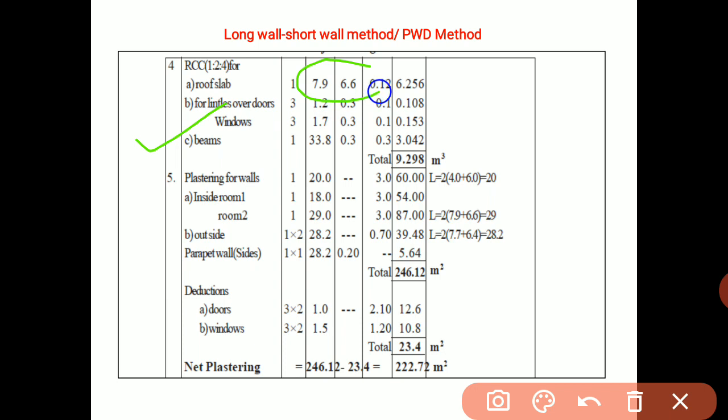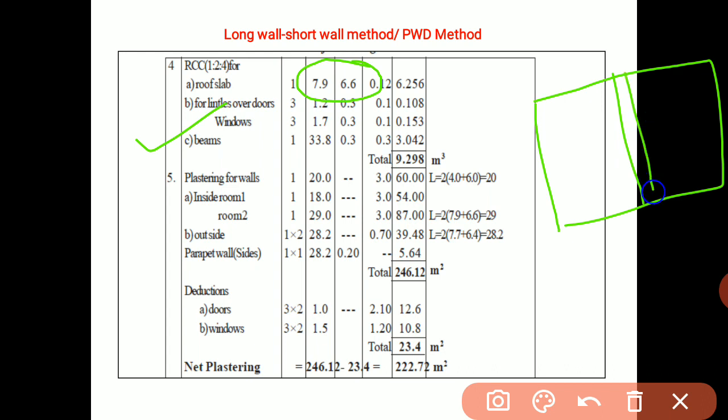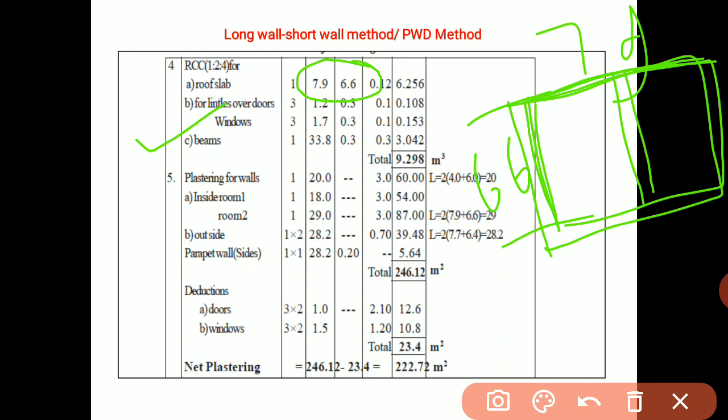This 7.9 and 6.6 is the overall perimeter of our two room size block. This is adding all the 0.3 meter width of wall. We'll get 7.9, and this 0.3 from both sides plus 6 gives 6.6, and this is 7.9. Clear? So we consider all the perimeter part over here, and the thickness or height of this roof slab is 0.12, given in the section.